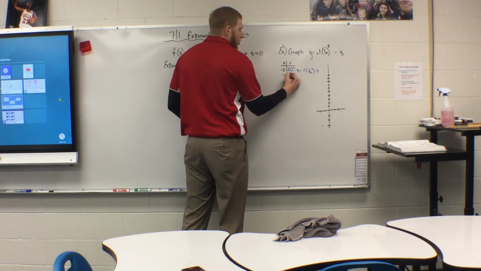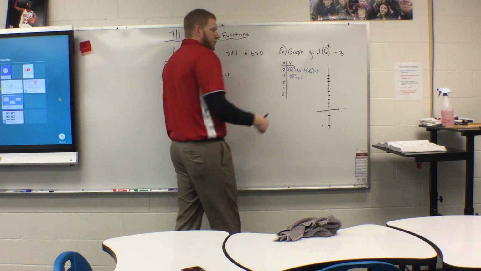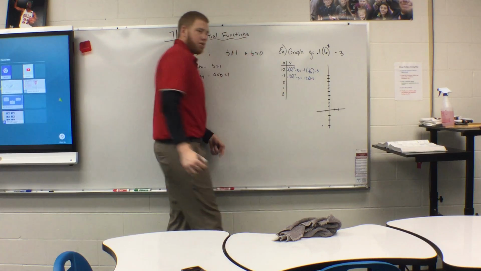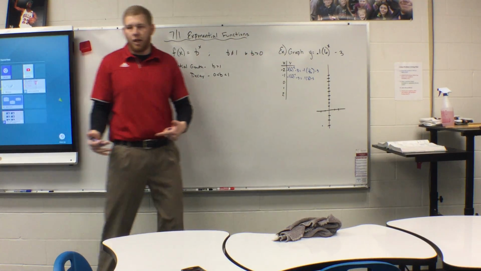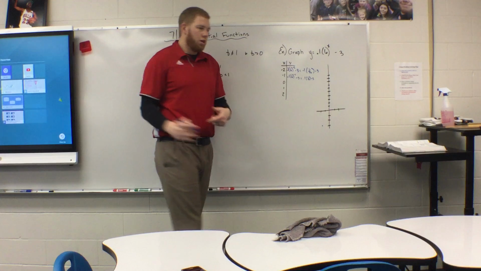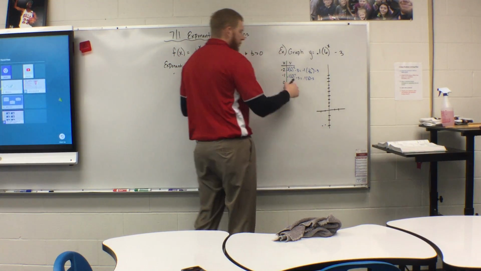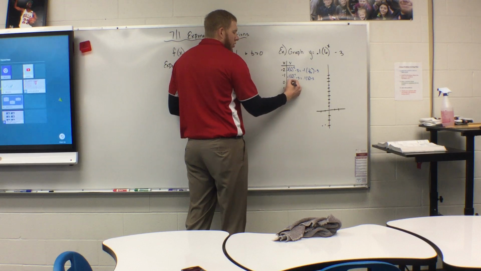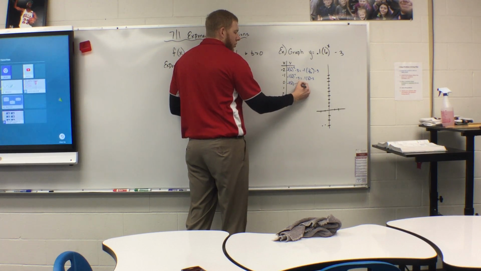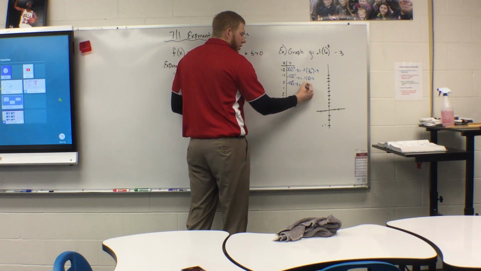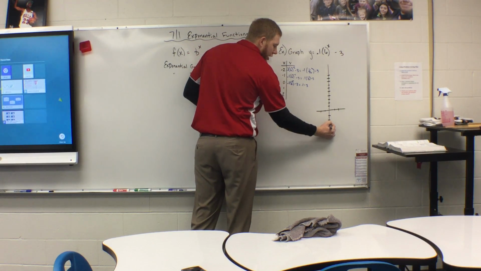Next one, 0.1 times 6 to the -1. Again, 0.1 times 1/6 minus 3, so it's 1/60th minus 3, so -2.998 or whatever. Again, almost -3, but not quite. Okay, we plug in 0. 6 to the 0 is 1, so we get 0.1 minus 3, so -2.9.